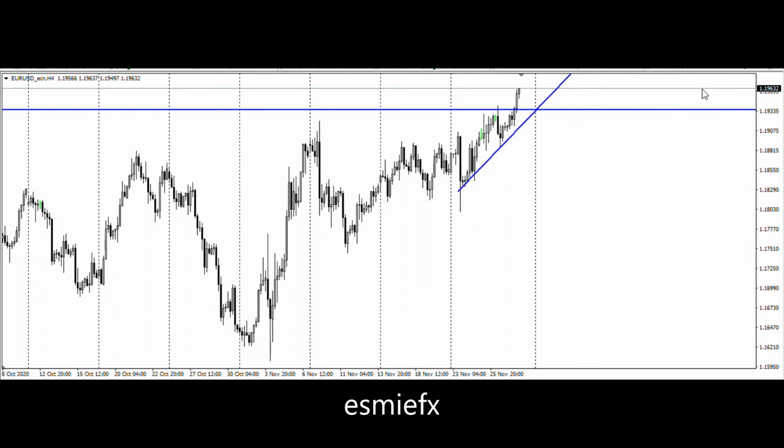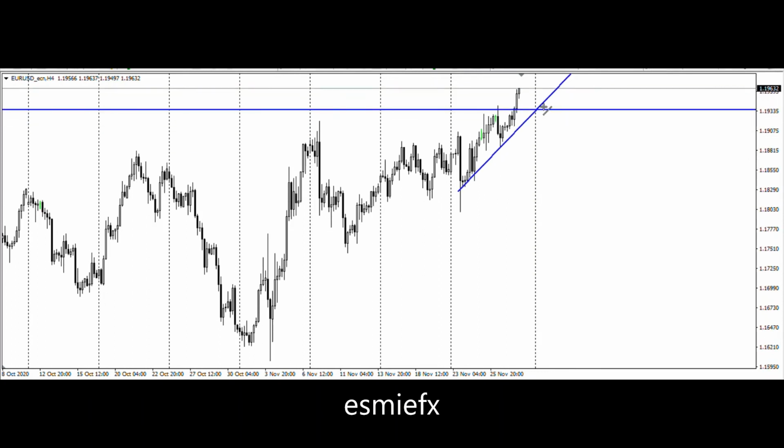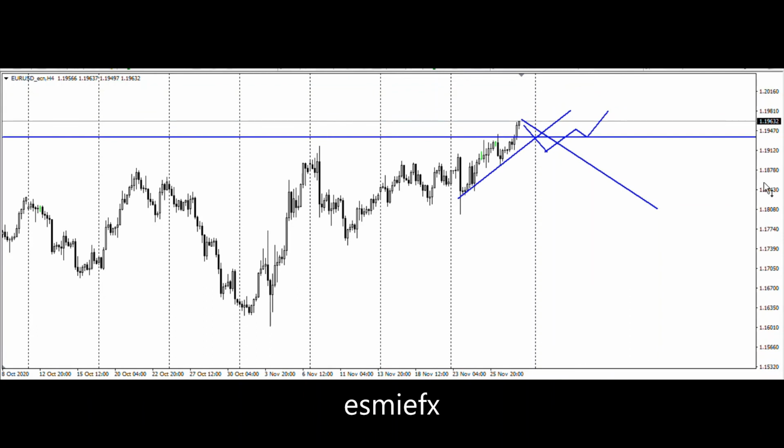Anyway, if price breaks the trend line, and then breaks this trend line again, and gives a pullback by way of a higher low or double bottom or lower low, then I would look to buy, because there is a level up here.